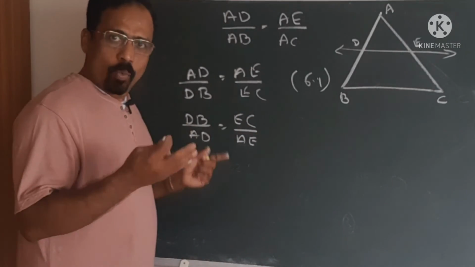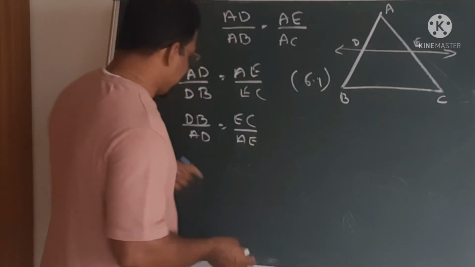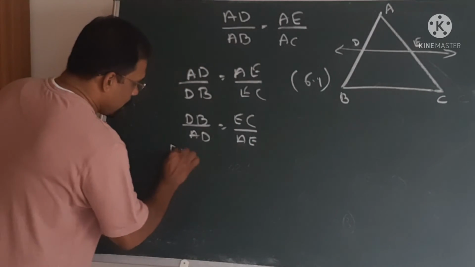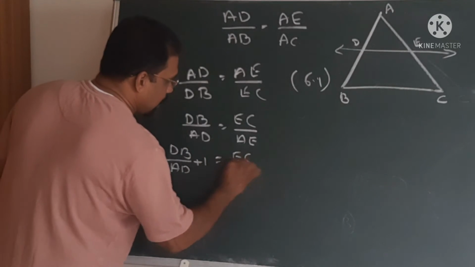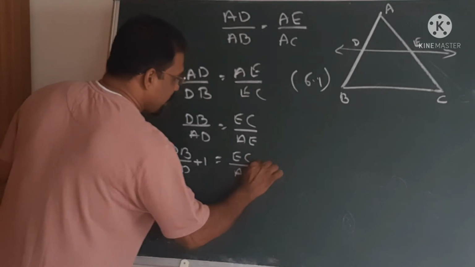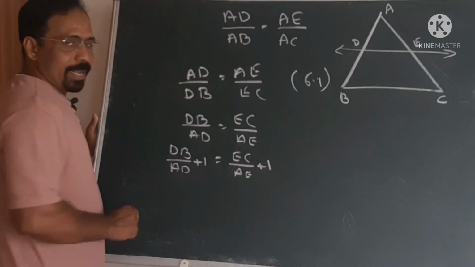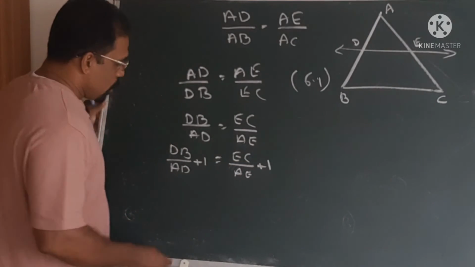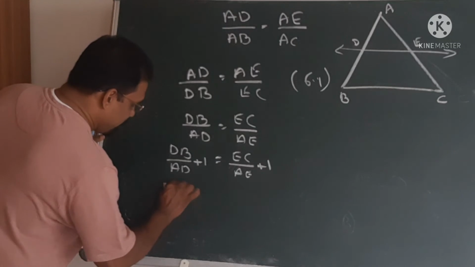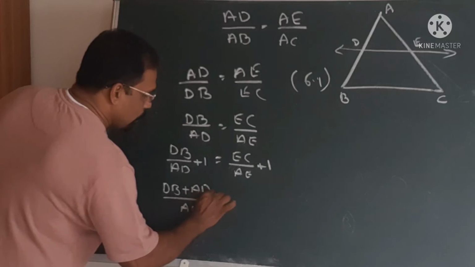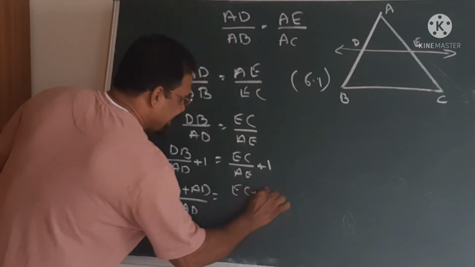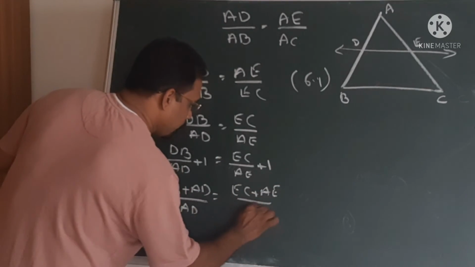Now if we add 1 to left hand side and the right hand side, DB by AD plus 1 is equal to EC by AE plus 1. We have just added 1 to LHS and RHS. So this will be DB plus AD by AD is equal to EC plus AE by AE.